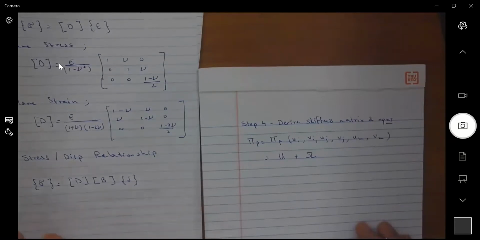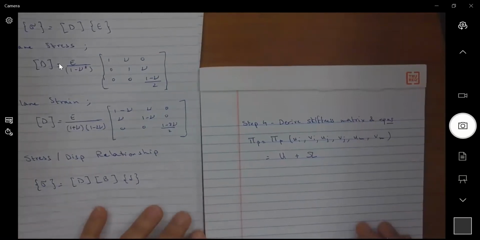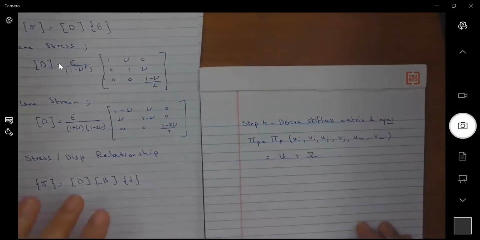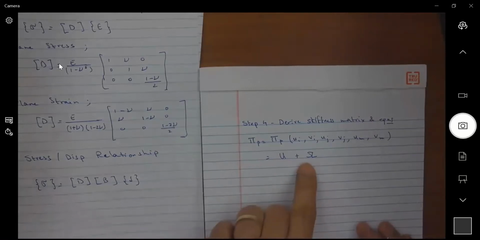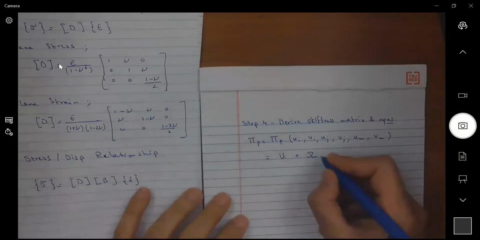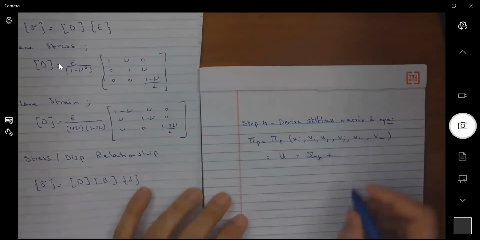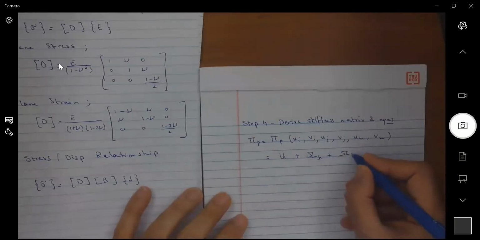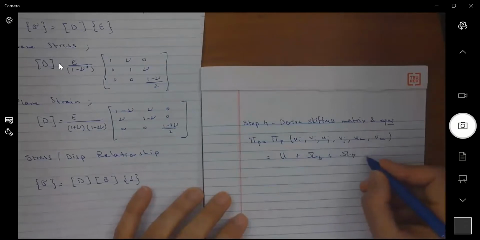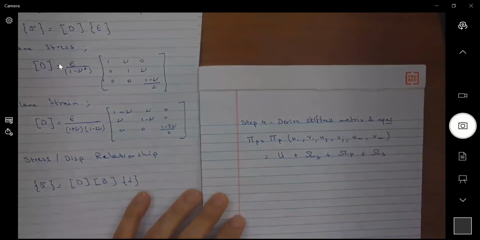When I'm looking at a plane element, the external forces could be expressed in terms of concentrated loads, body forces, and surface loads. So instead of having one gamma, I'm going to put a gamma B for body loads, a gamma P for concentrated loads, and a gamma S for surface loads.